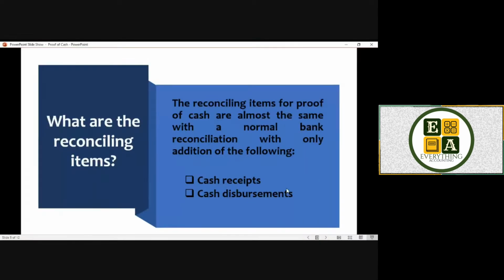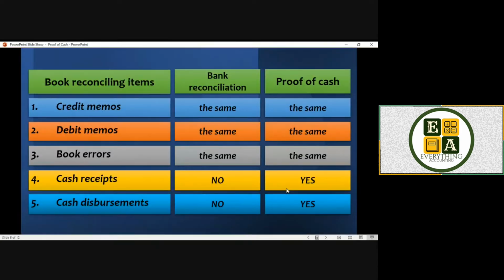The reconciling items of proof of cash are almost the same as those of a normal bank reconciliation, with an addition. As I said earlier, it became four columns because of the cash receipts and cash disbursements. So the additional reconciliation with proof of cash is cash receipts and cash disbursements. The rest are the same reconciling items that we have in the bank reconciliation. For book reconciling items, credit memos, debit memos, and errors, both bank reconciliation and proof of cash have the same concept.